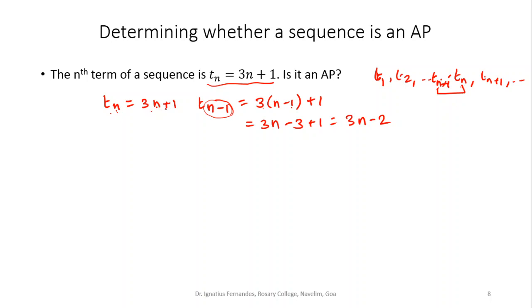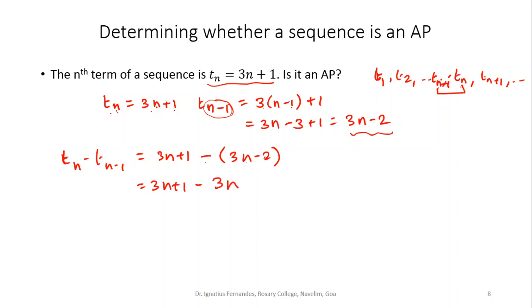So we have tn equal to 3n plus 1 and tn minus 1 as 3n minus 2. I look at their difference. So tn minus tn minus 1 is 3n plus 1 minus, 3n minus 2. So this is 3n plus 1 minus 3n plus 2.